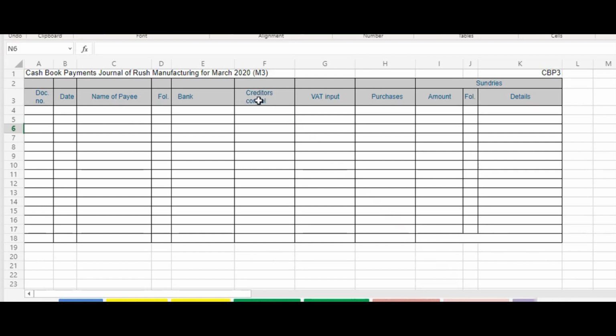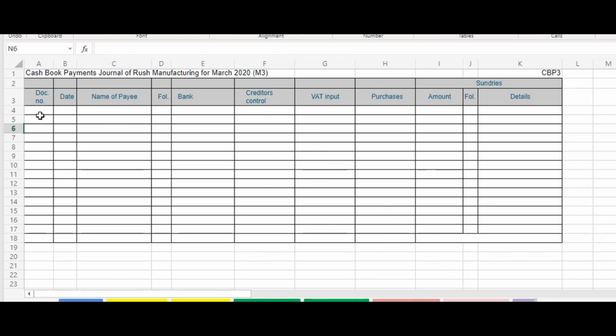We have creditors control: when we pay a creditor from our bank account, we record it under this column. If we make a purchase, we record it under this column, and anything else is recorded in sundries. If VAT is applicable, we calculate it and complete the VAT column.